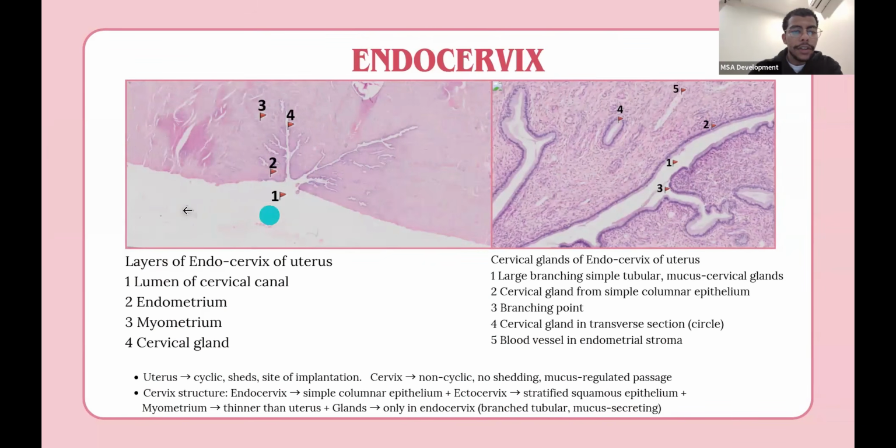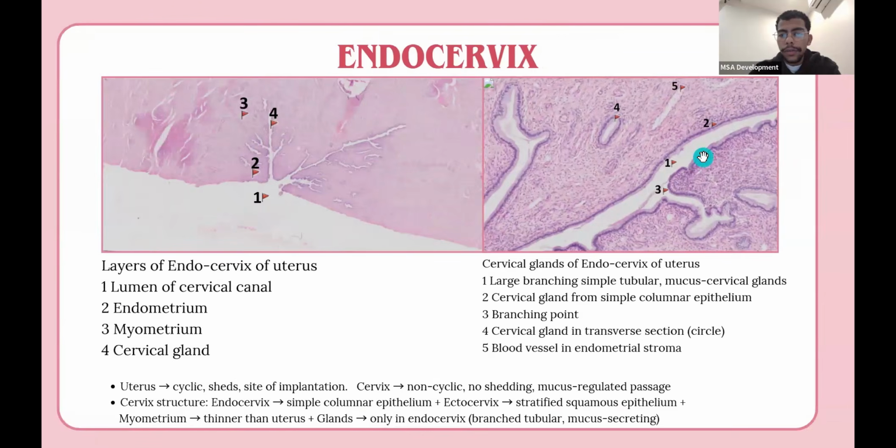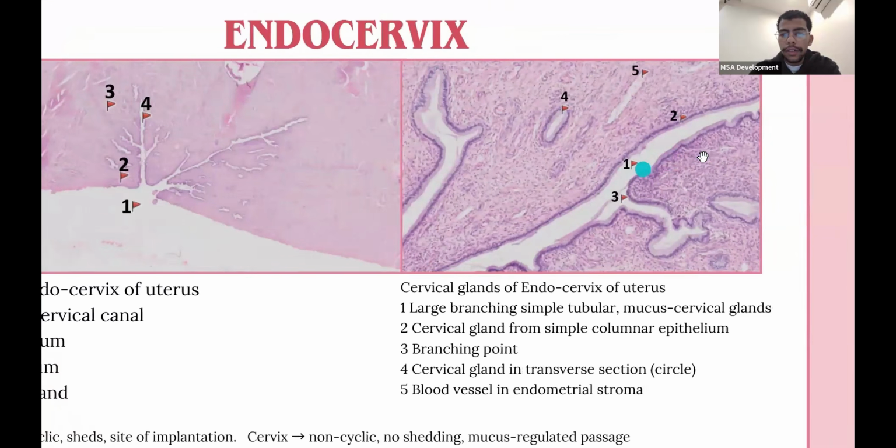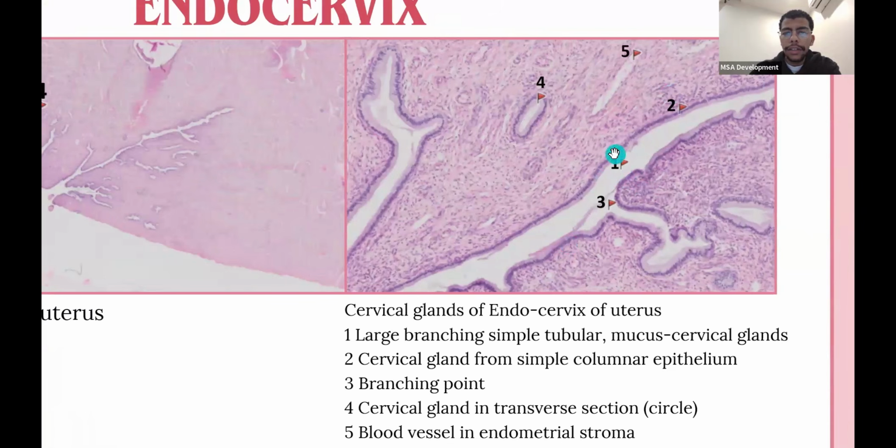Now, the layers: this is the lumen of the cervix, and then we have endometrium, and then the muscles, myometrium, and then the cervical gland. Can you guys see it? These are glands. Here also, you can see that it's a branching gland. And you have to know that it's simple tubular.